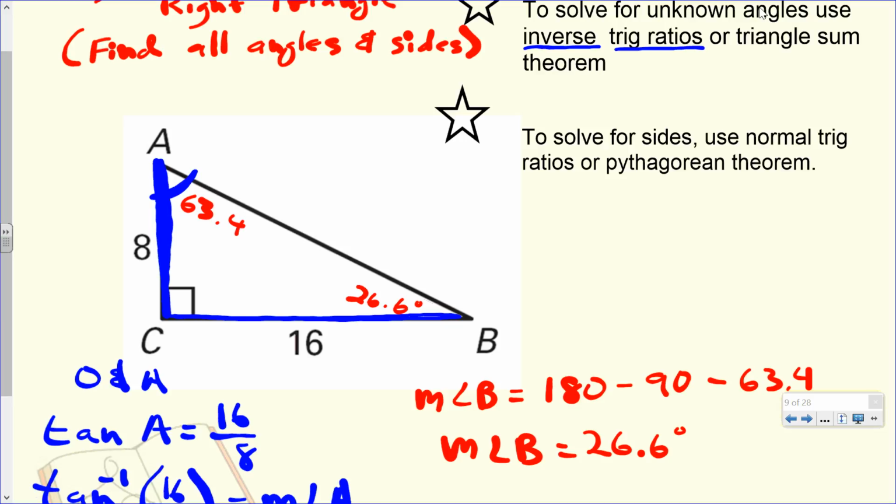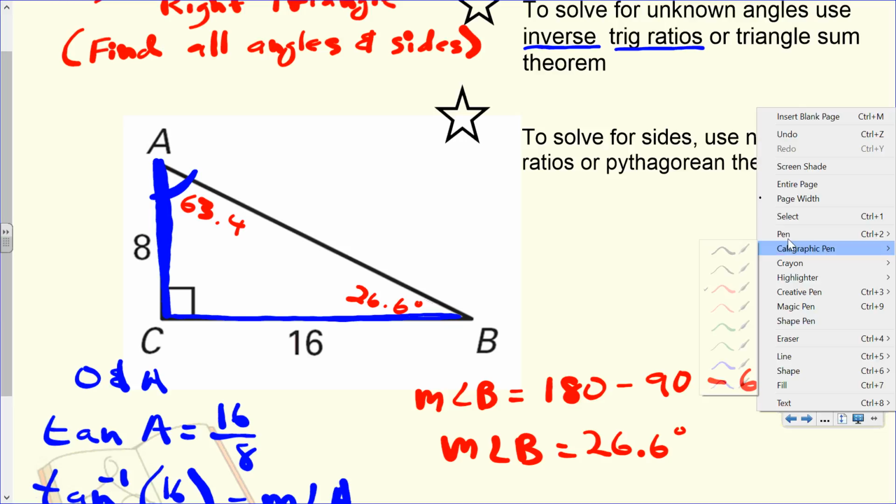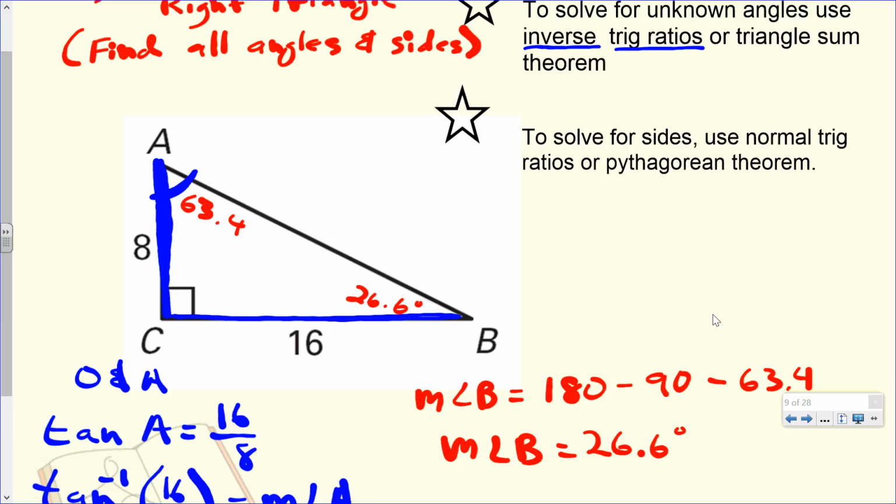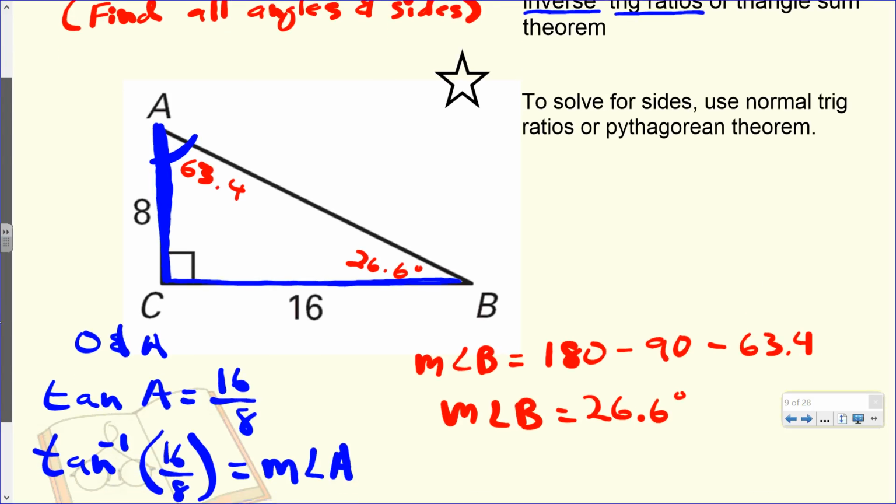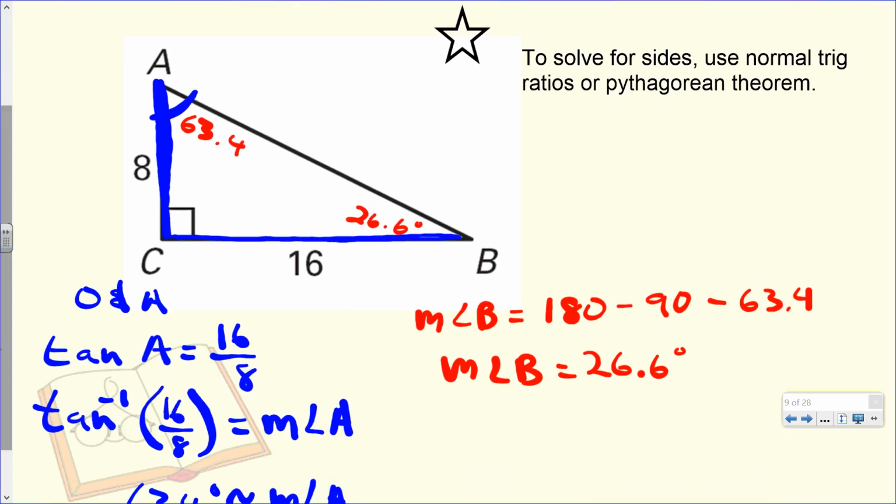Okay? So I'll use a green marker to solve for the side here. I'm going to solve for side AB. I'll just label it x. And we learned two weeks ago in the Pythagorean theorem that a squared plus b squared is c squared.